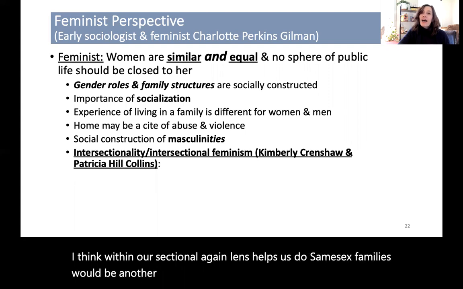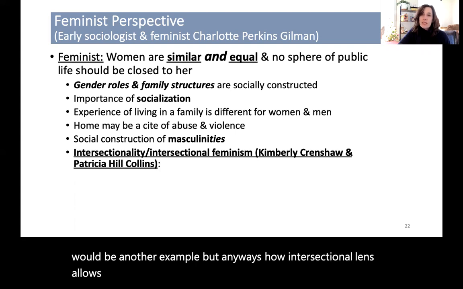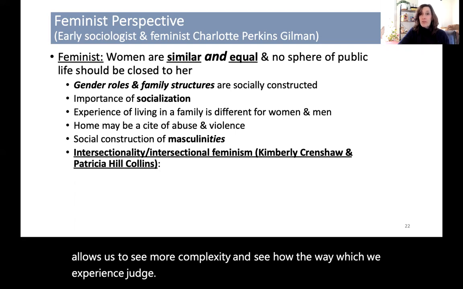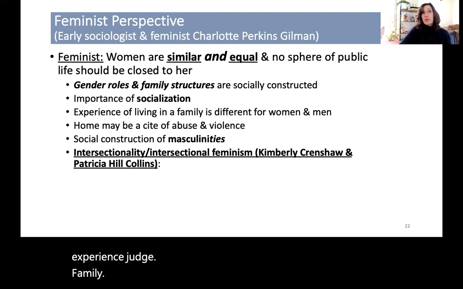But anyways, the intersectional lens allows us to see more complexity and see how the way in which we experience and judge family, something that we all may experience in some way, varies.